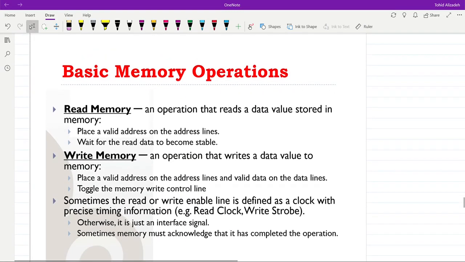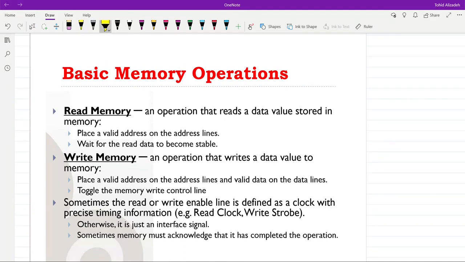The read memory operation is an operation which reads a data value stored in the memory. To perform this operation, we need to place a valid address on the address lines, to determine from which element of the memory we are going to read the data.